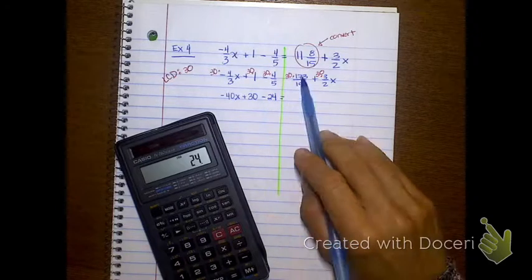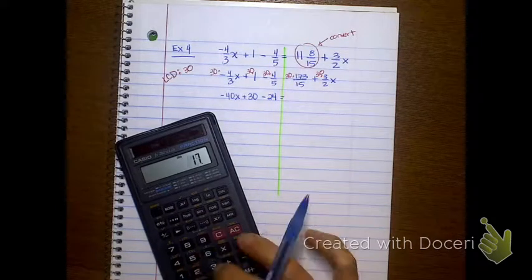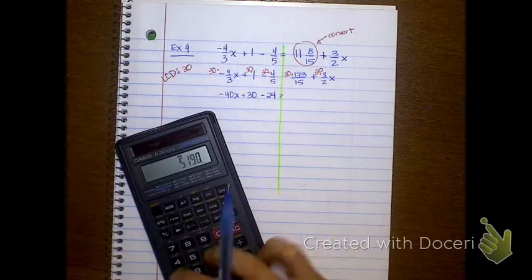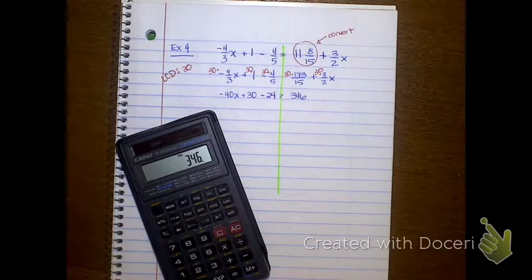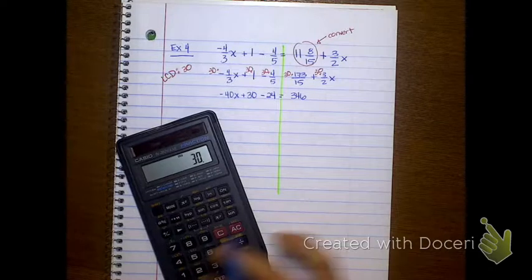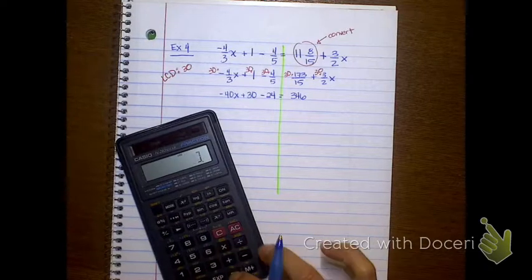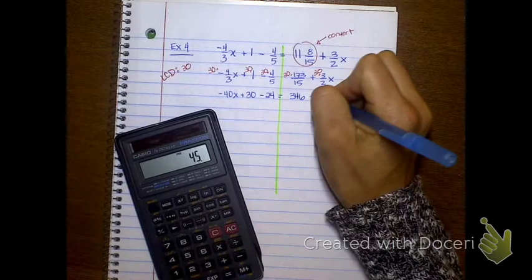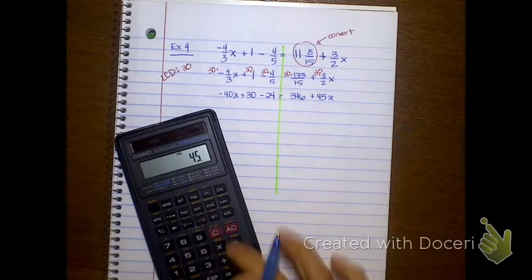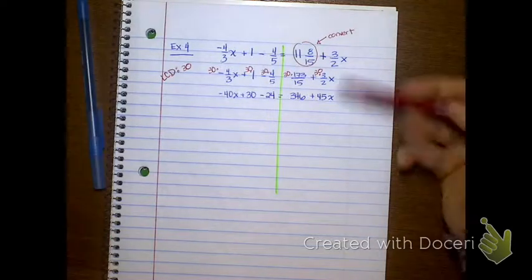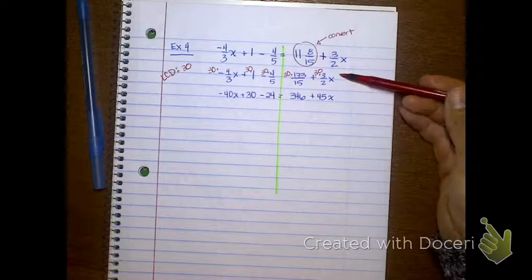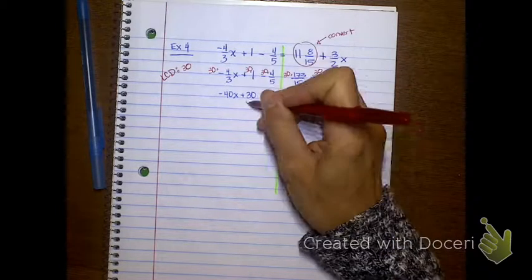Over here, 173 times 30 divided by 15. Ugh, 346. Yeah, I know, huh? 30 times 3 divided by 2. Yeah. Okay. All right. Well, at least this isn't as bad as this one up here, right? True.